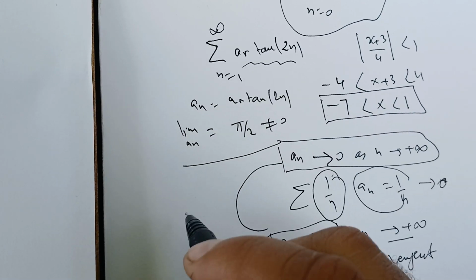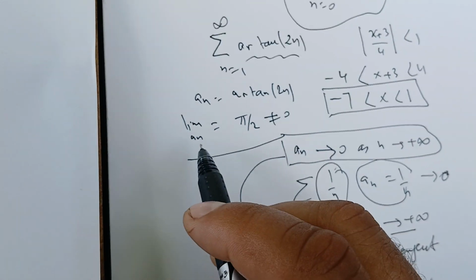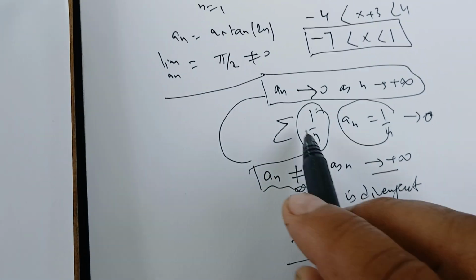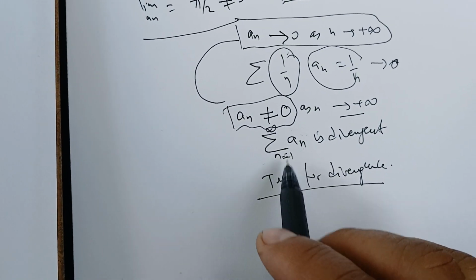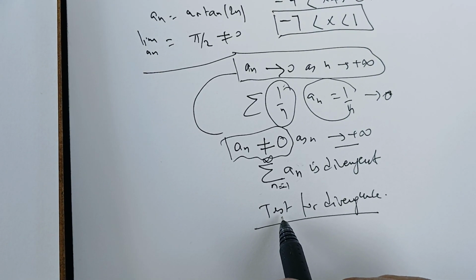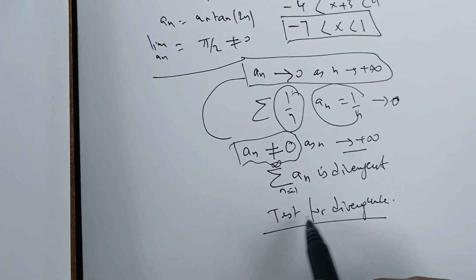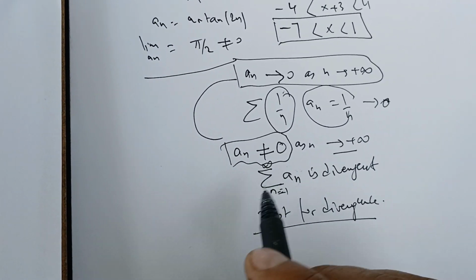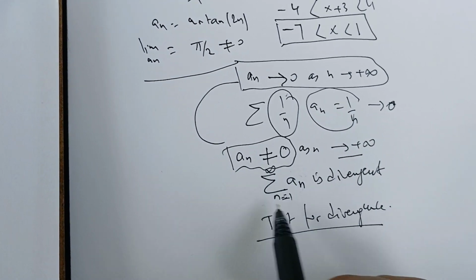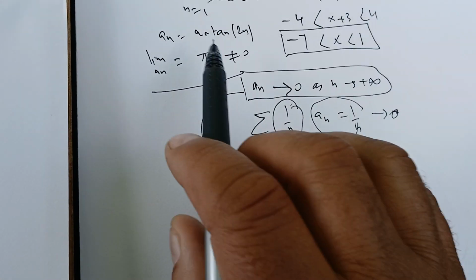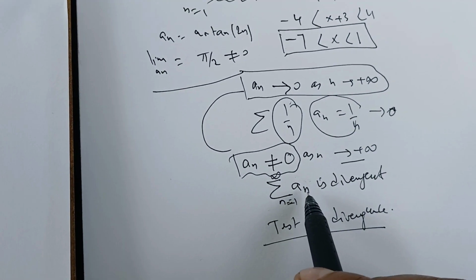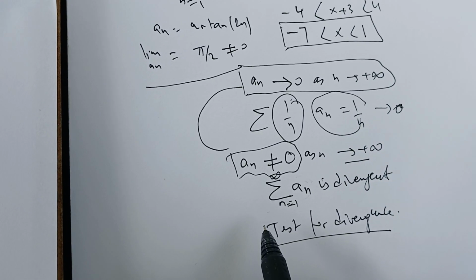Therefore, we can deduce that our series is divergent because of this test. If the general term doesn't go to 0 as n goes to infinity, the series is divergent.